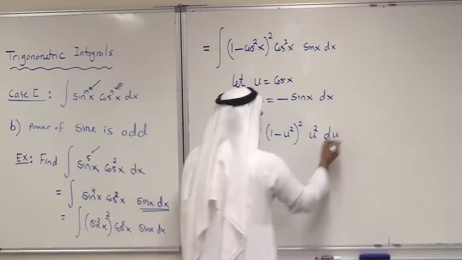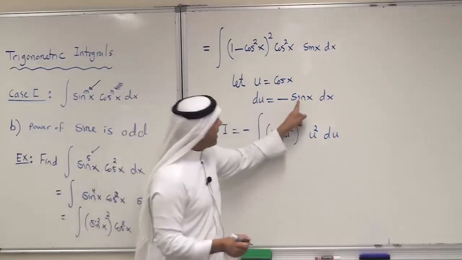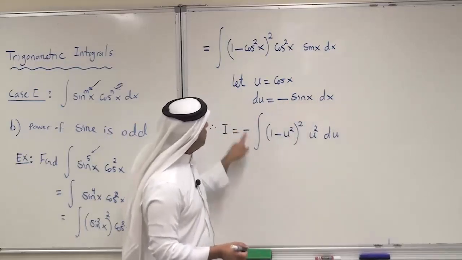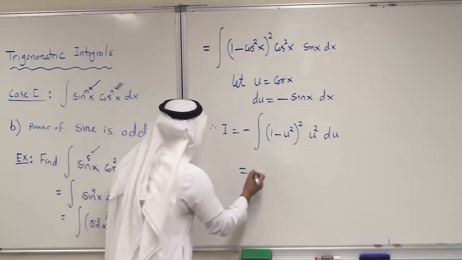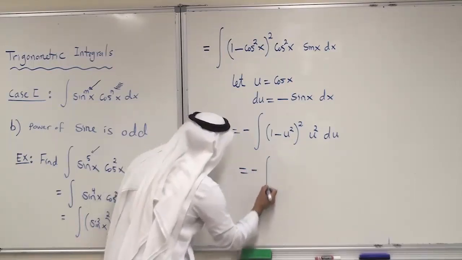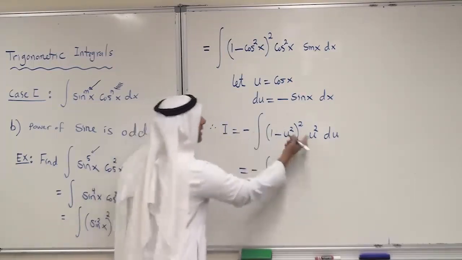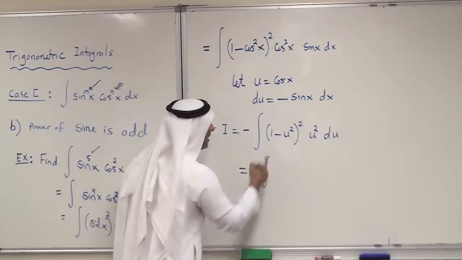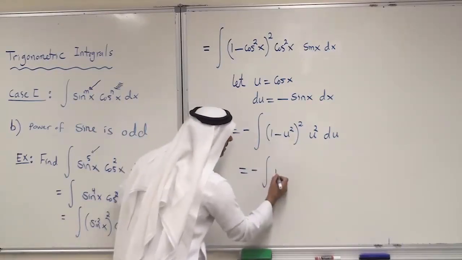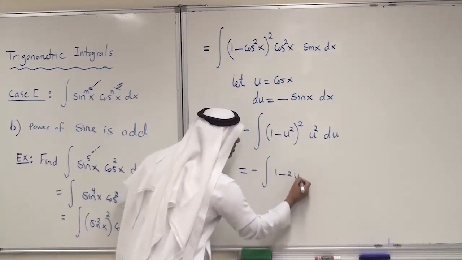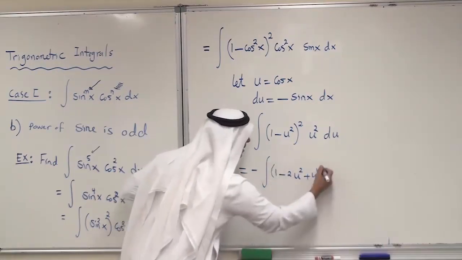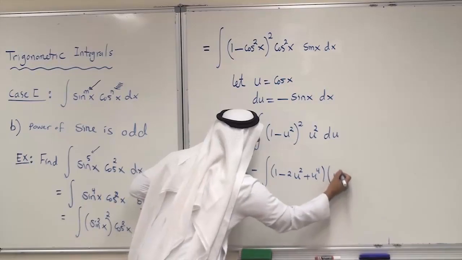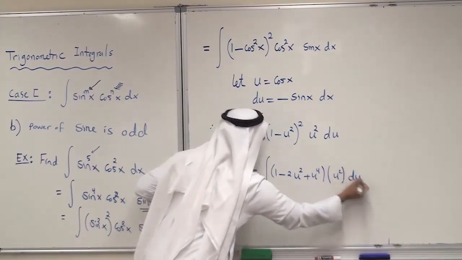So I'm putting the minus sign here because sine x dx is minus du. Now the rest, I guess, is simple for you. Just integrate this by expanding first, multiplying by u squared, and then integrate. So what do we have here? We have 1 minus 2u squared plus u to the power 4, using the expansion, multiplied by u squared, multiplied by du.